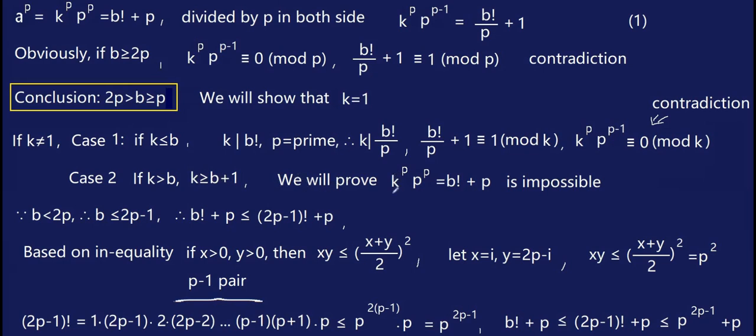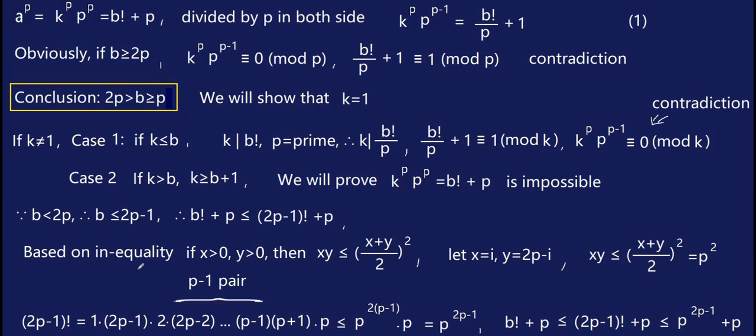We will prove k to the p's power multiplied by p to the p's power equal to b factorial plus p is also impossible. Because b is less than 2p, therefore b is less than or equal to 2p minus 1. That means b factorial plus p is less than or equal to (2p minus 1) factorial plus p.